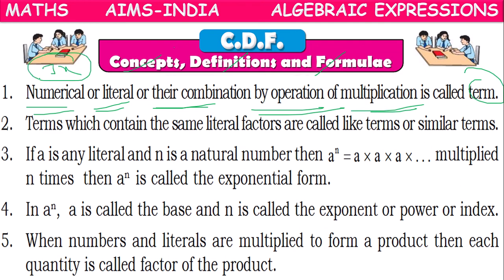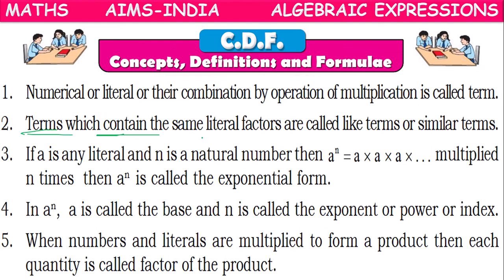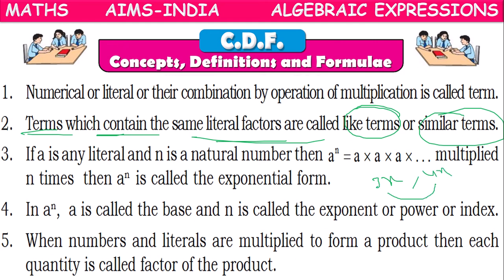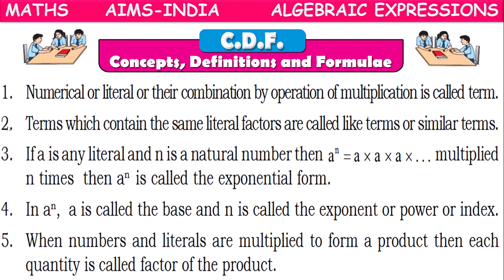Combination of literal and numeral and their product will be considered as a term. Terms which contain the same literal factors are called like terms or similar terms, like 3x, 4x. Same literal factor, x is there, so they are called like terms or similar terms.